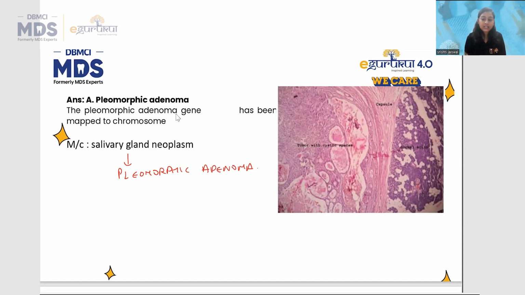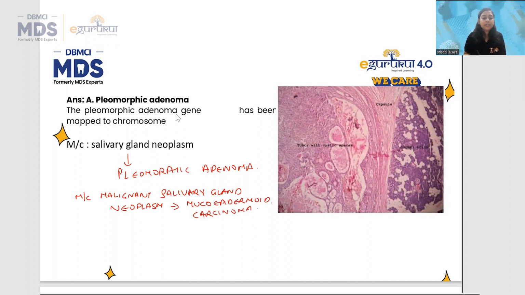If they have asked the most common malignant salivary gland neoplasm, then the answer is mucoepidermoid carcinoma.